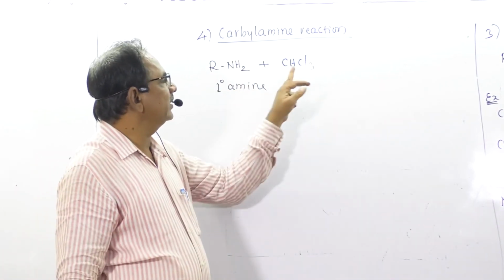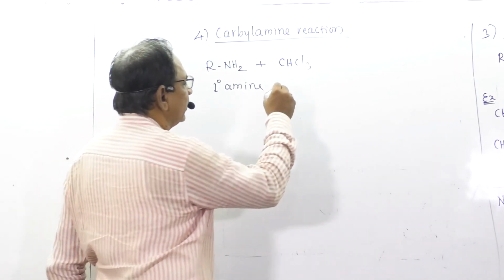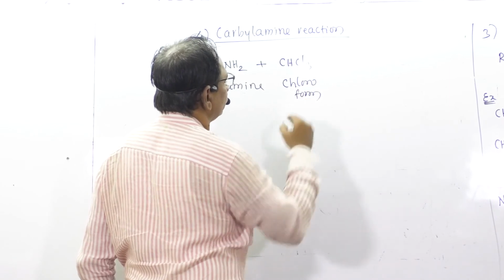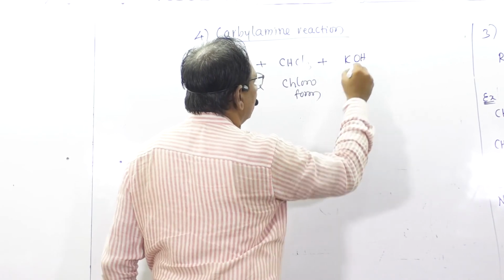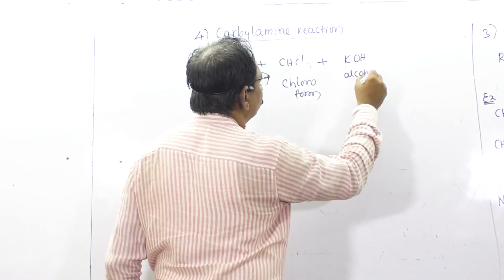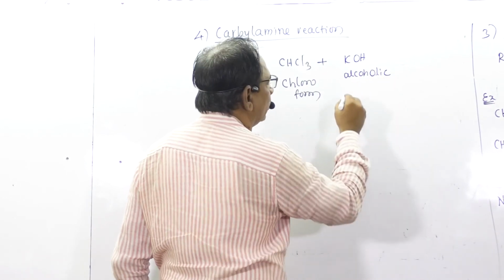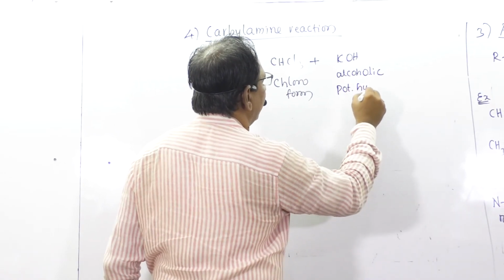So that is trichloromethane, called chloroform, and alcoholic potassium hydroxide.